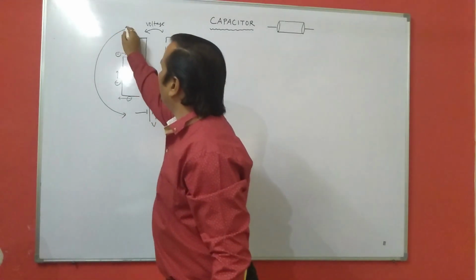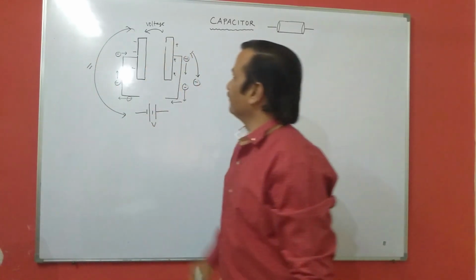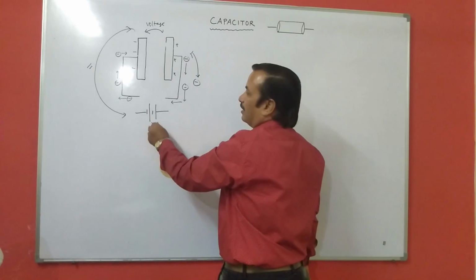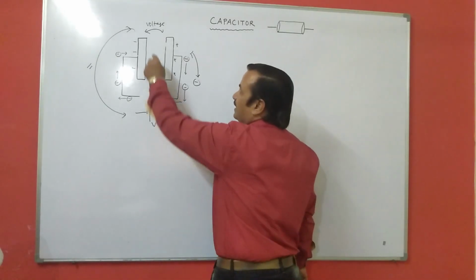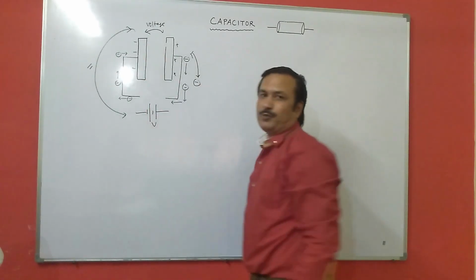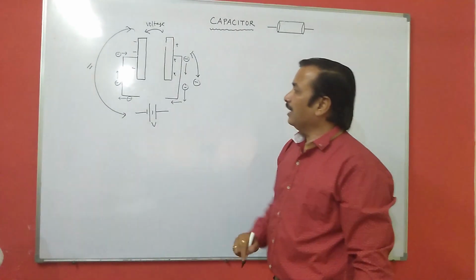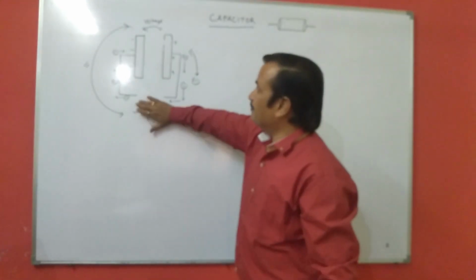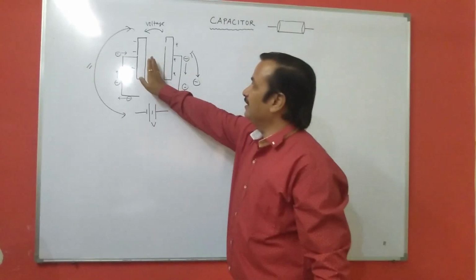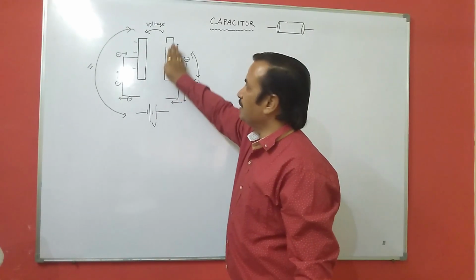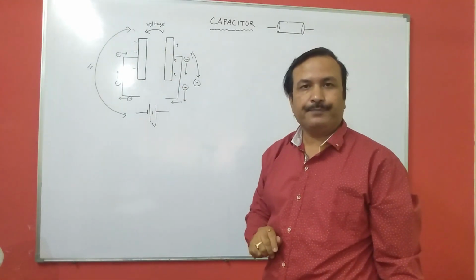This is equal to this. So this process will end when this V of the battery is equal to the voltage developed here between the two conductors. Okay. Now, if you remove this battery also, as I said, the negative charges on this plate will remain the same, and the positive charges will also remain the same.